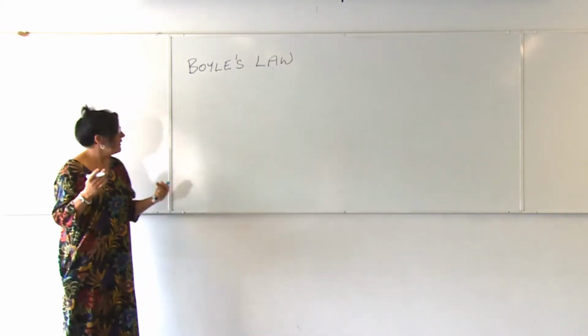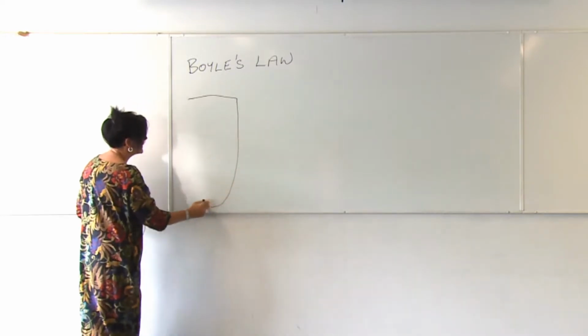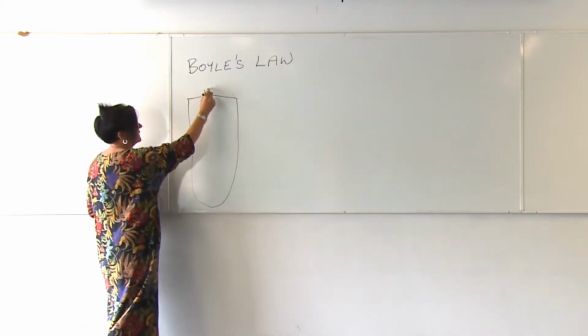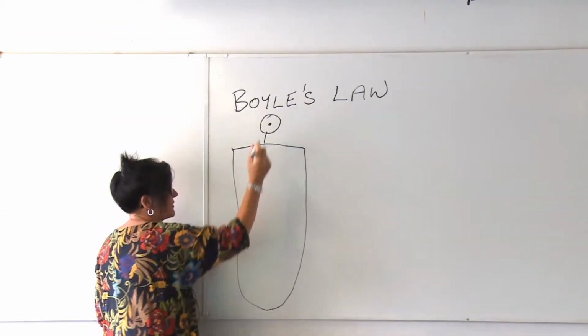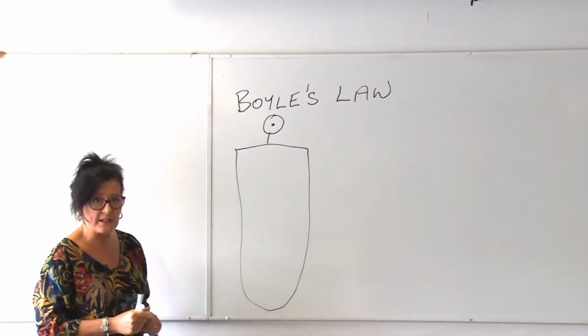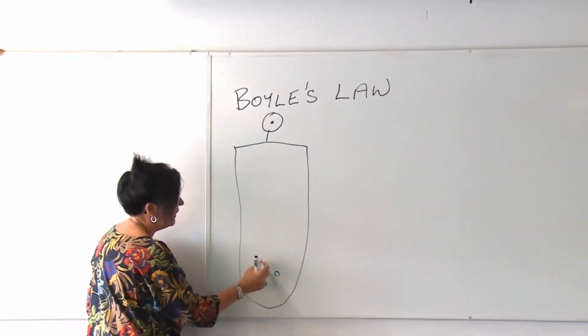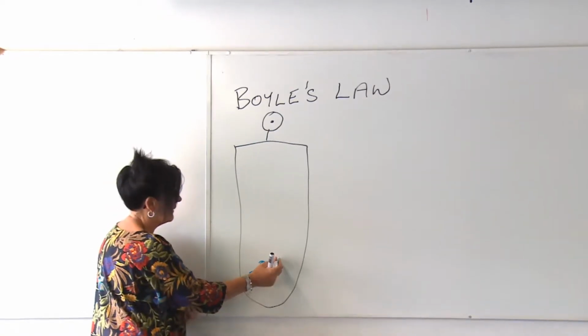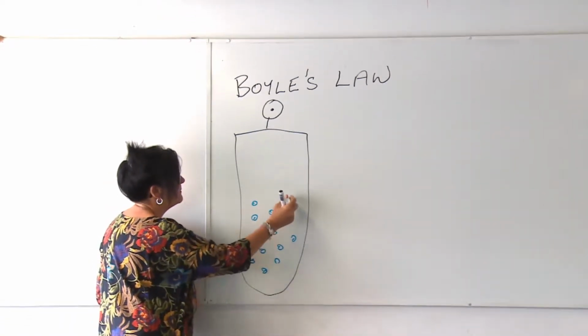So if I have a big gas canister, there it is, there's its little monitor on the top to say what's in it, and in that gas canister, I have a certain amount of a gas, air. Let's have air. So here's my air bumbling around in my canister.